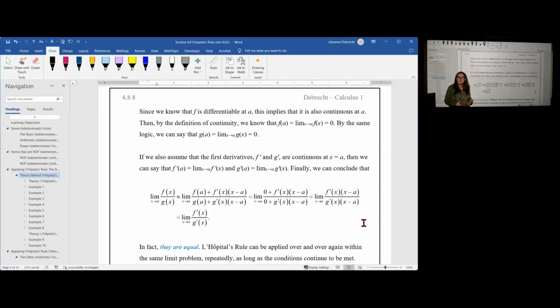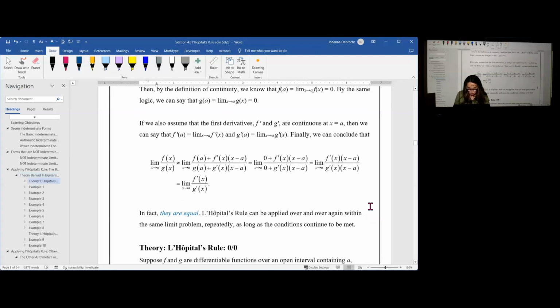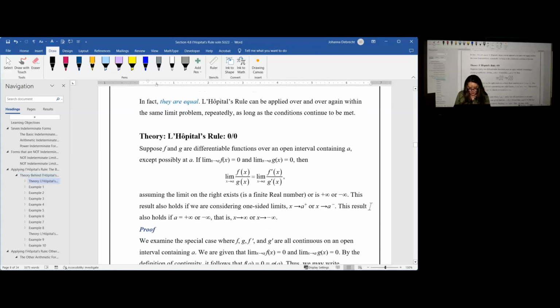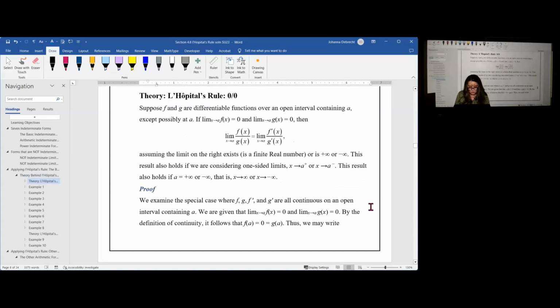In fact, they're equal. L'Hopital's rule can actually be applied over and over and over again within the same problem, provided the conditions are met, that you have the ratio of two functions, both of which are differentiable.